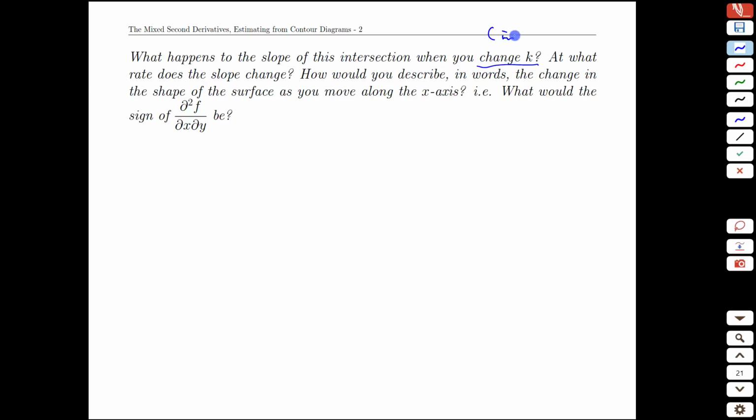Well, keep in mind here, x is the same as k, so we're going to be talking about what happens as we are changing x and what happens to the y slope. So what we have here, the slope in the y direction, is equal to literally k. Because our f of y was equal to ky, take that derivative, we just get k.